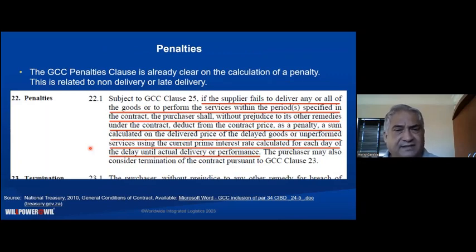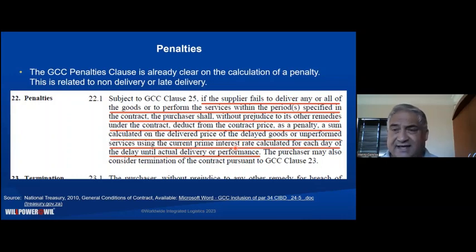If you look at clause 22, it talks about what that particular penalty could be if you have a delay. They talk about using the current prime interest rate, like a daily rate. So each day that you're late, you work on the prime interest rate. Obviously you will have to divide it by 365 to get the daily rate.